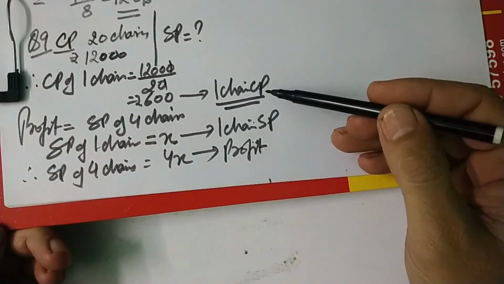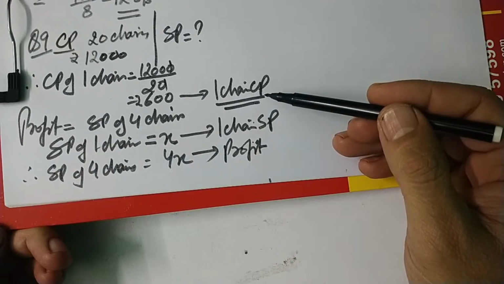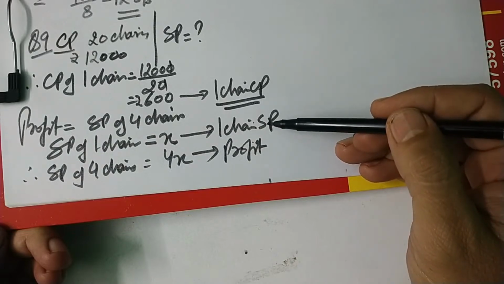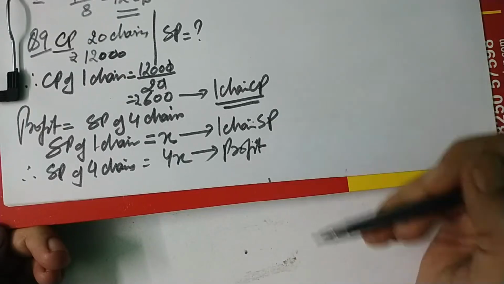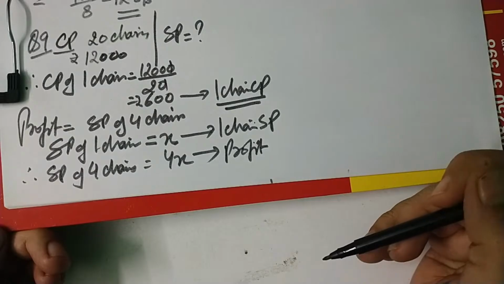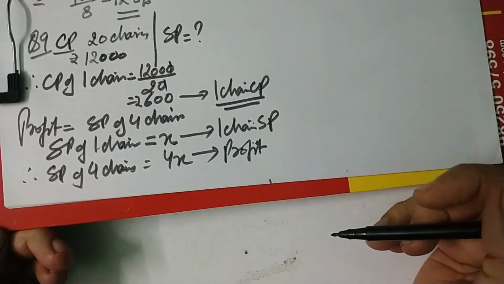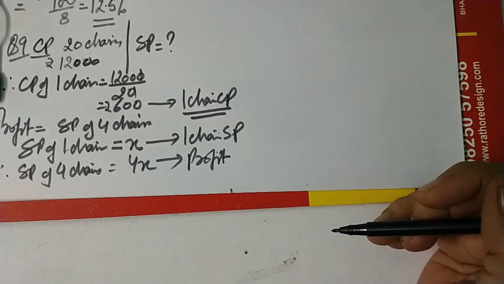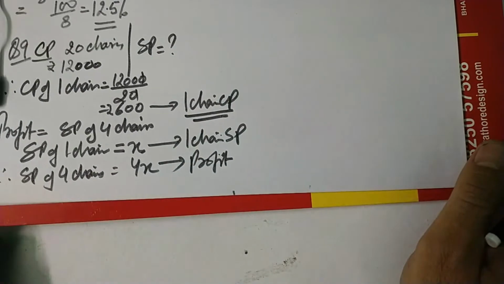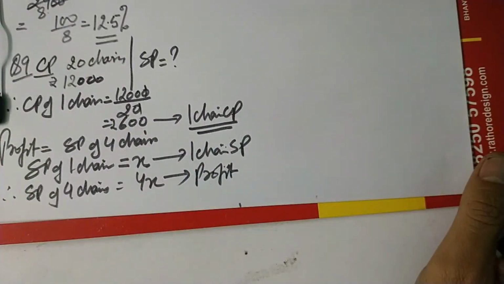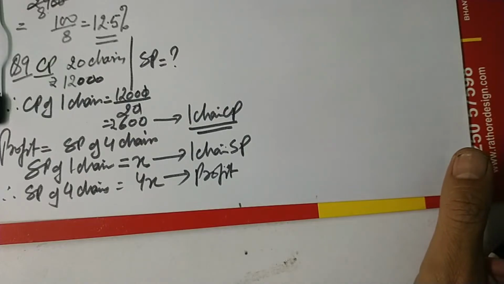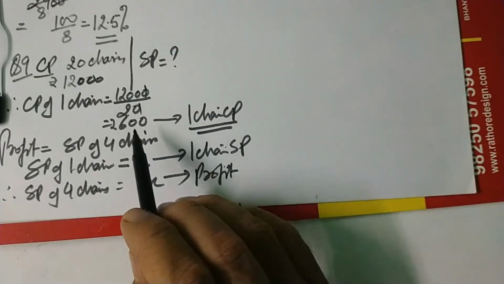Now I have got the CP of 1 and SP of 1. I can find the profit of one chair and then use the formula of profit. Profit is equal to selling price minus cost price. The question says find the selling price of one chair. So CP of one chair is 600.